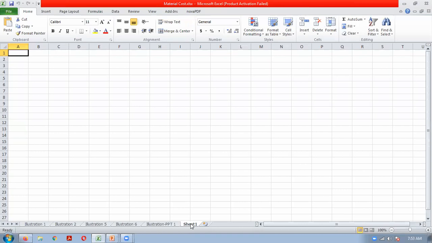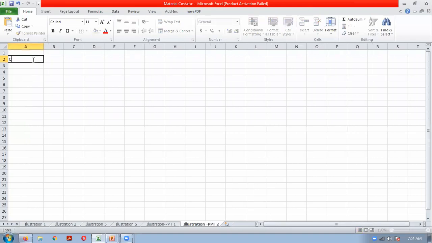First, what will we calculate? Reorder level. So give the heading as calculation of inventory levels.